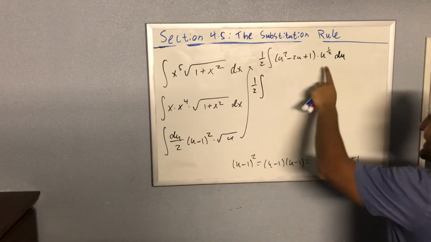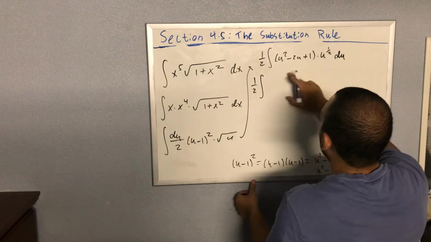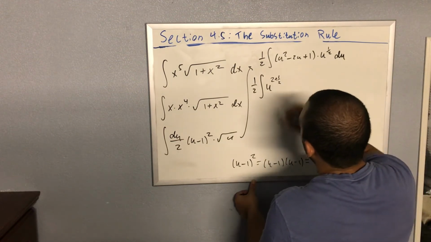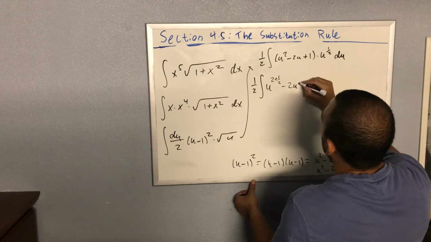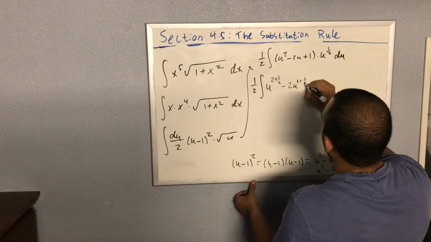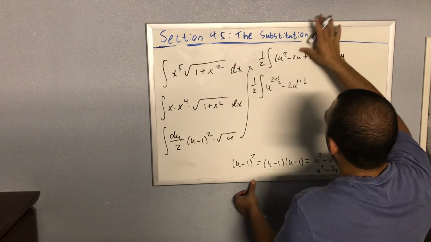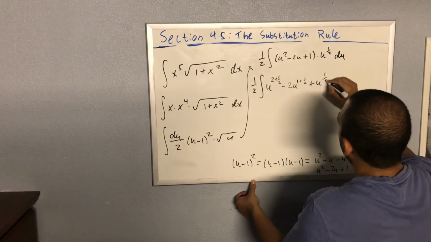Okay? And now I can distribute this to each piece. So u to the 1/2 times u squared is u to the 2 plus 1/2, right? You just add the powers, and then minus 2, and then u is like u to the first power, right? So this becomes u to the 1 plus 1/2, and then plus, well, 1 times anything is itself.